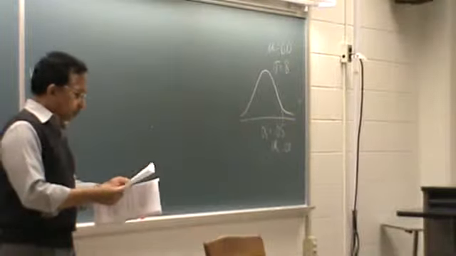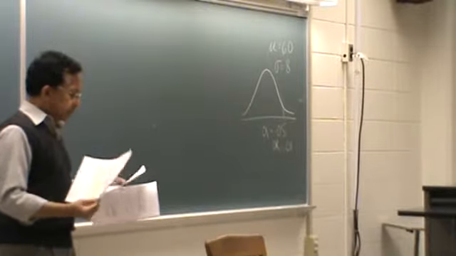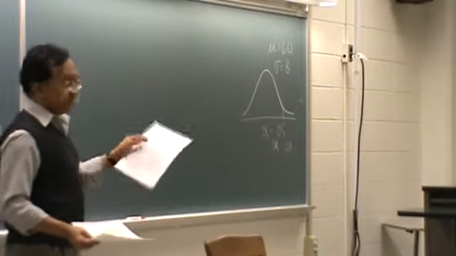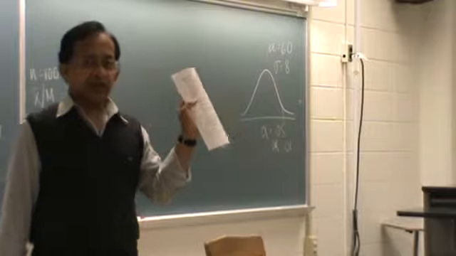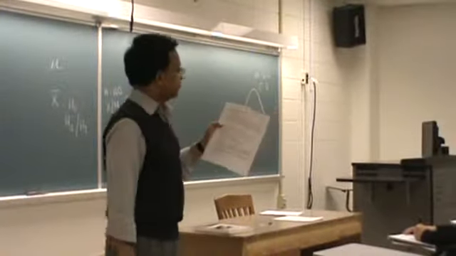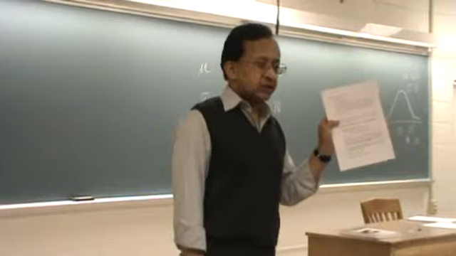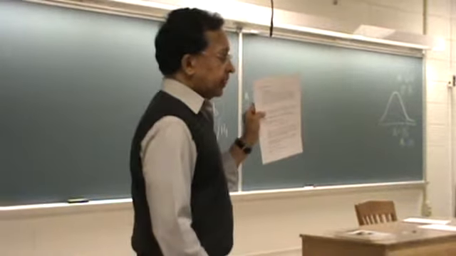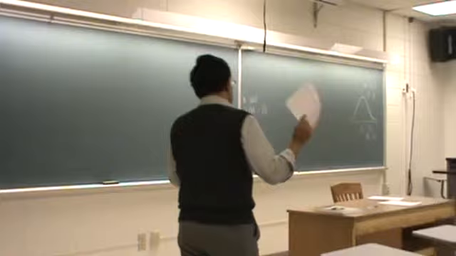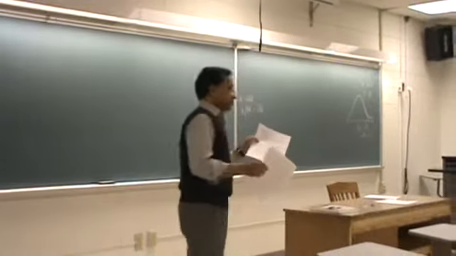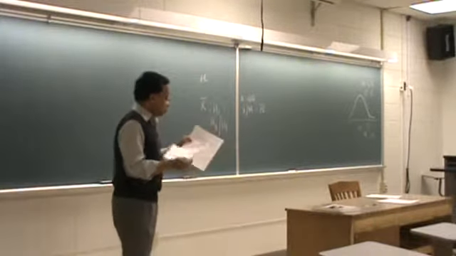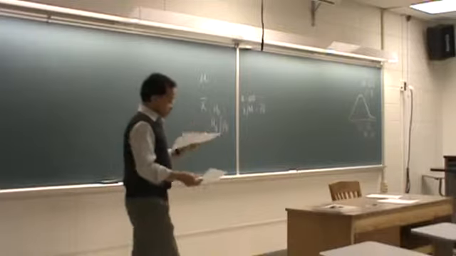Now, before we do anything, let's look at this page where it says at the top, steps for hypothesis testing. Before we can do any kind of hypothesis testing, we have to go by these steps.